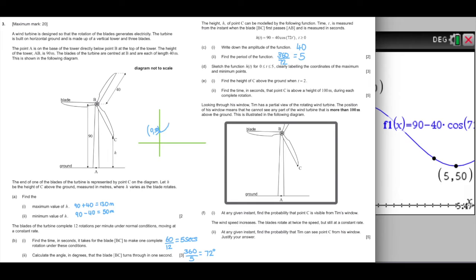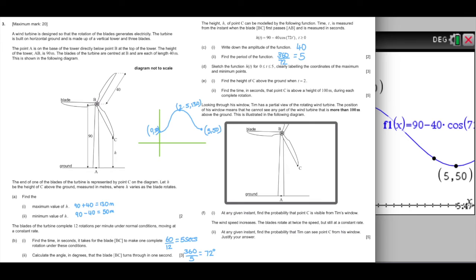It goes up and then back, and it finishes at 5.50. So you would need to have the coordinates labelled, including the maximum here, which was 2.5130. Okay, so everything needs to be labelled on your axis.